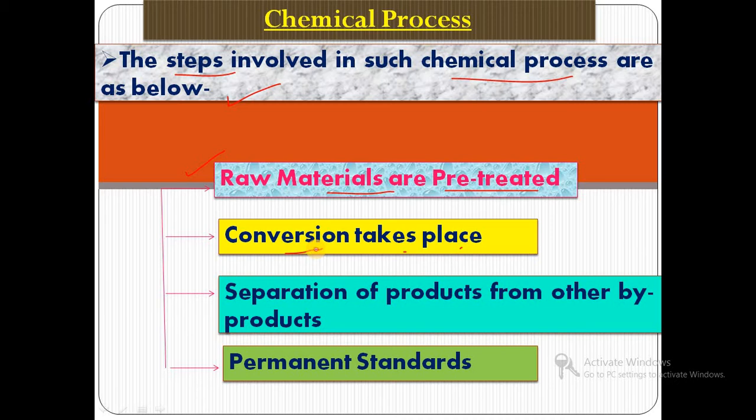Then after addition of raw material, conversion takes place. Then after completing the process, we get the product, and the product is separated from other byproducts. That is, pure product is separated from impurities, and there are some safety regulations or standards to carry out that protocol. So these are the steps involved in any chemical process or industrial process.